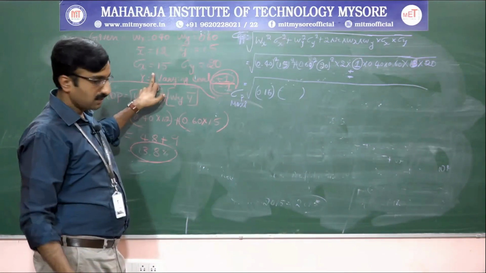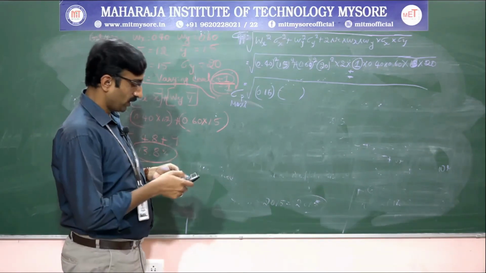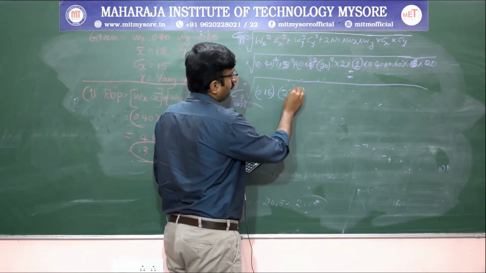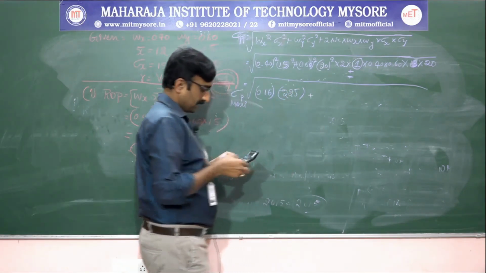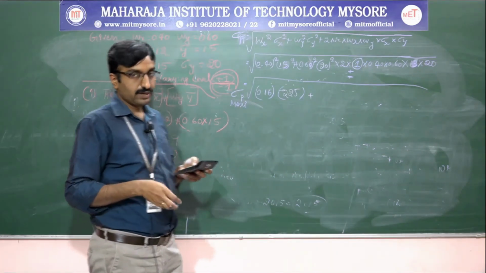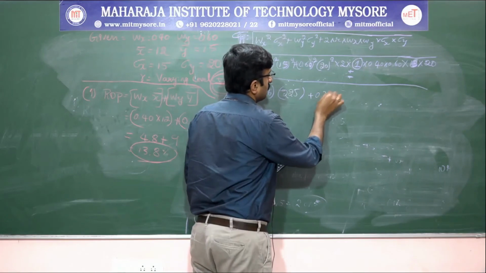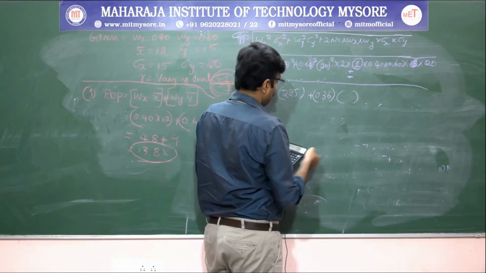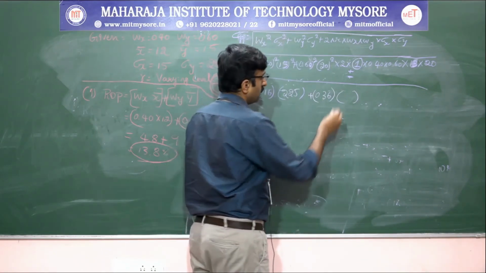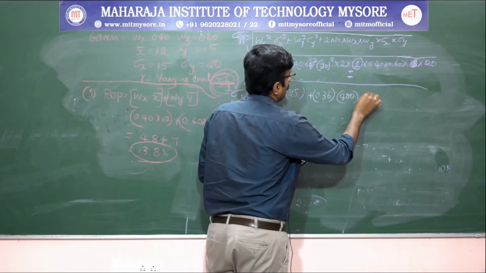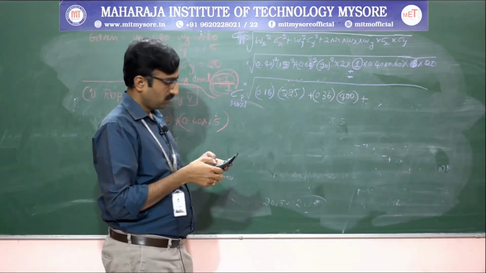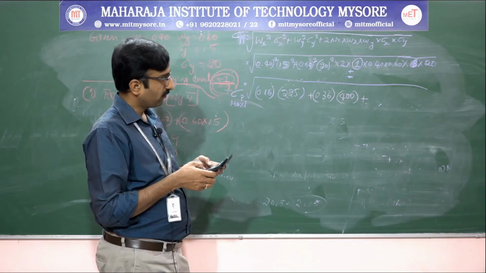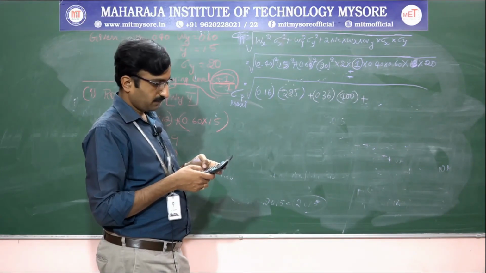So 15 square we have to take, it is 225, plus 0.60 square, you will get 0.36 into 20 square, it is 400, plus 2 into 1 into 0.40 into 0.60 into 15 into 20.